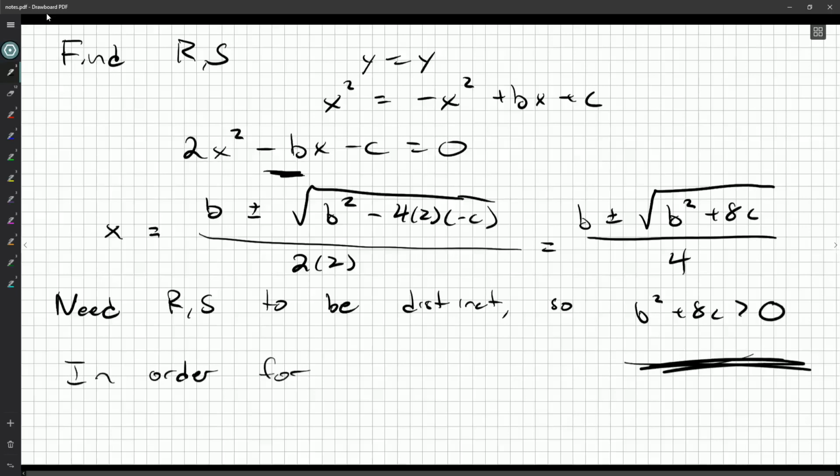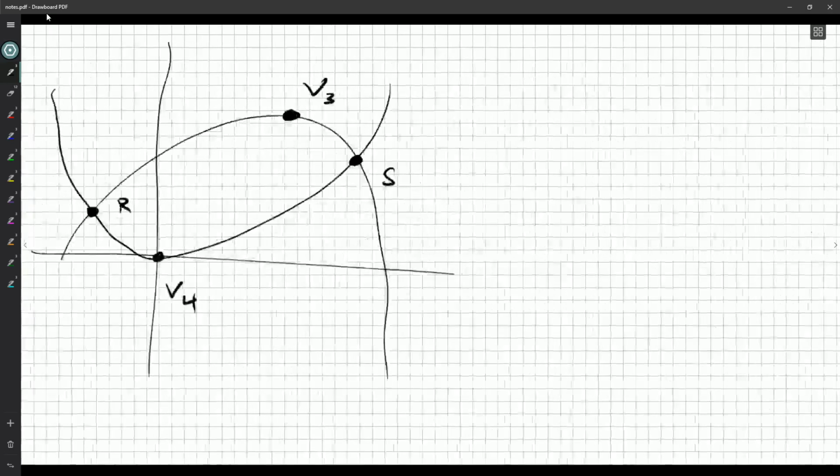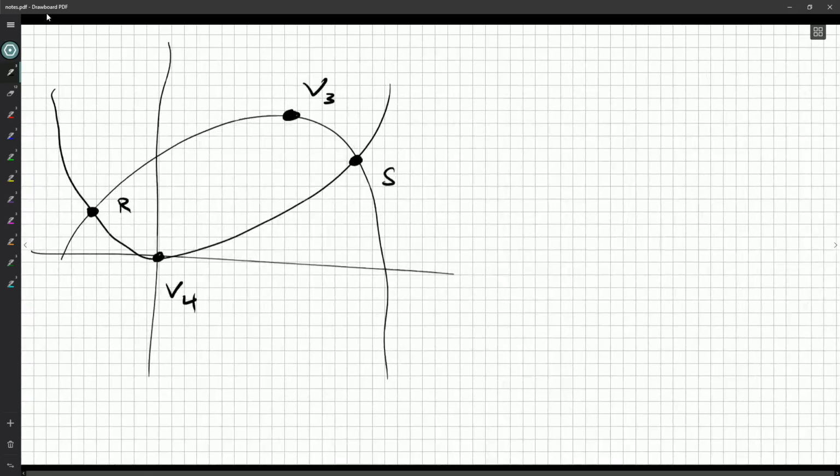So in order for R and S to be distinct from our vertices, well, R and S lie on both parabolas. We need the vertices to not be on both parabolas.